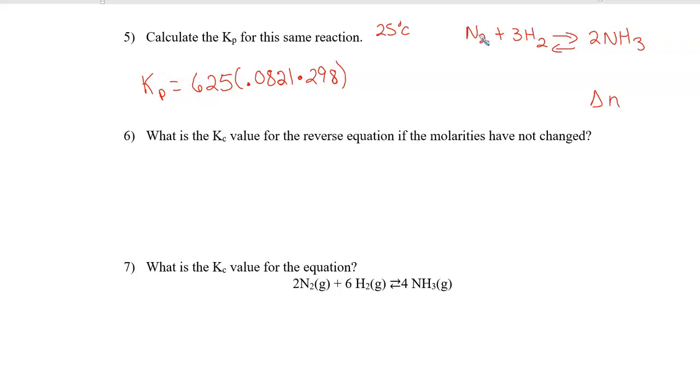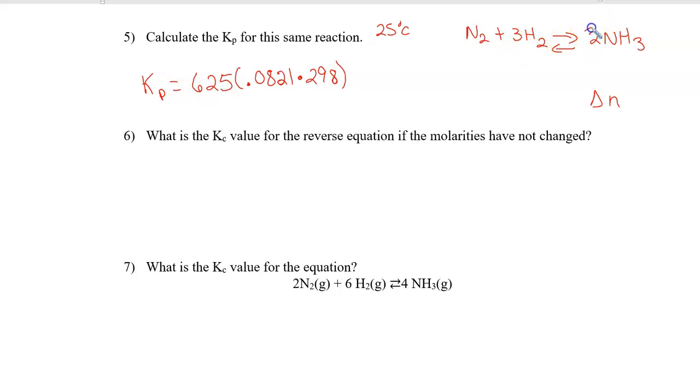And if you had some aqueous species in there, you would also ignore them, because we only care about gases for Kp. Kp is pressure. Pressure only deals with the gases, so we only care about the gases in this case. Alright, so over here we've got 2 moles of ammonia, but over here we've got 1 mole of nitrogen and 3 moles of hydrogen.